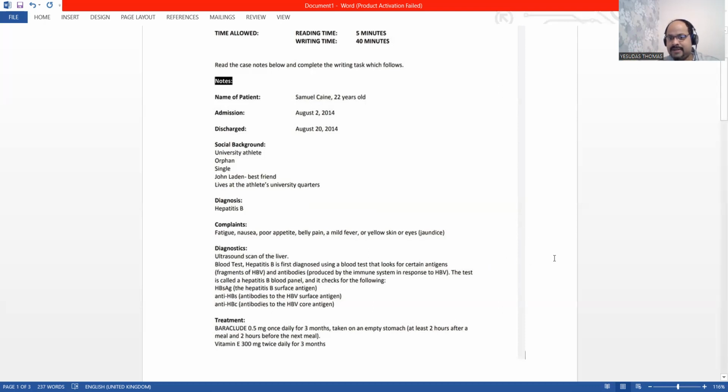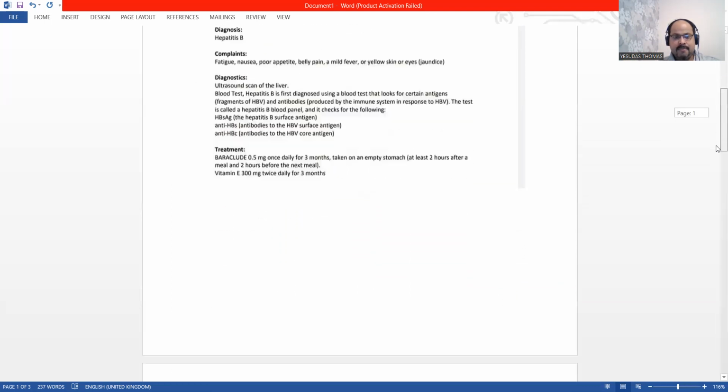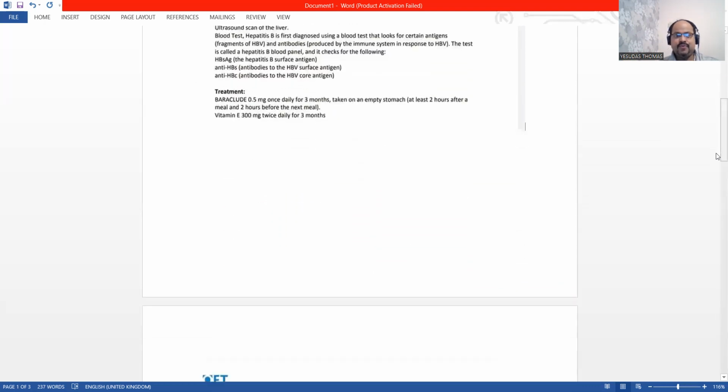Now about the treatment, it's very important. We have the medicine here, Baraclude 0.5 mg once daily for 3 months. The way of taking is not important here. And the vitamin supplement, vitamin E 300 mg. So the dosage, the medicine and the duration, you have to say.